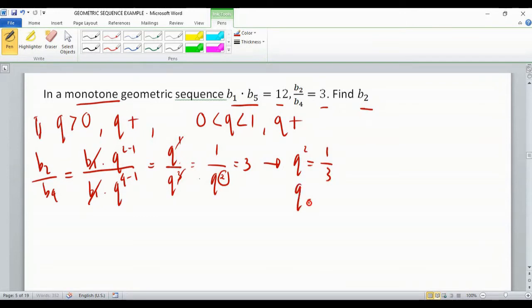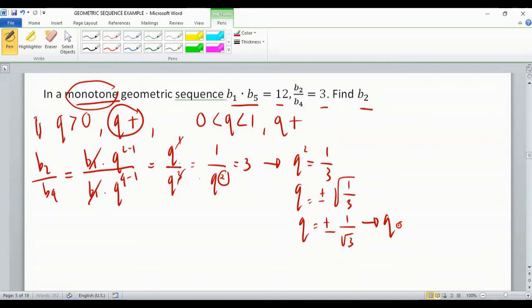So k is plus or minus square root of 1 over 3. Because they're talking about monotone positive, we just take the positive. So k is equal to 1 over square root of 3.